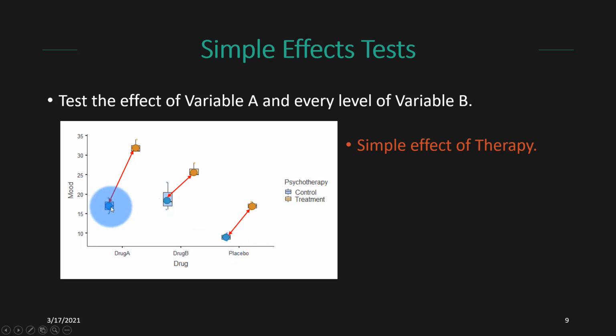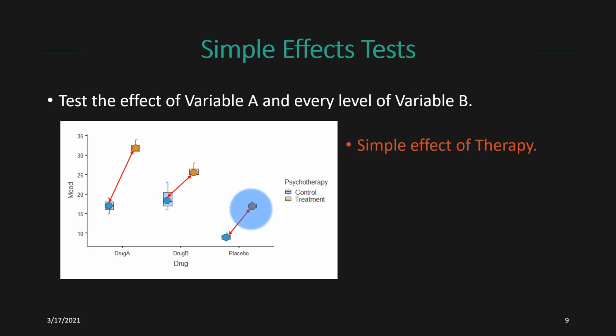Well, at each level of drug, I could run a t-test comparing the treatment group to the control group and say, was psychotherapy effective if you got drug A, if you got drug B, and if you were on the placebo? And depending on my exact research question, that might be all the post-hoc tests that I really run. I just really want to know, is psychotherapy still effective across all these different drugs that people are receiving?